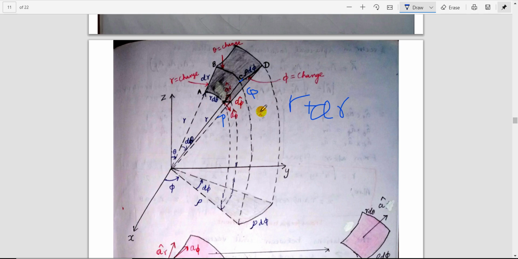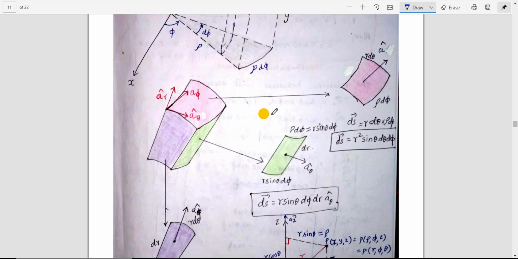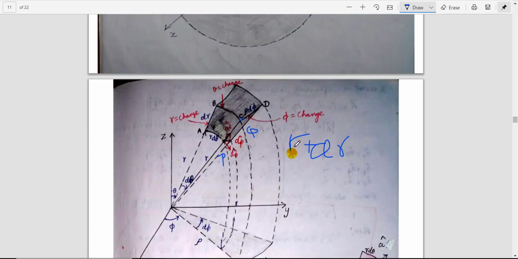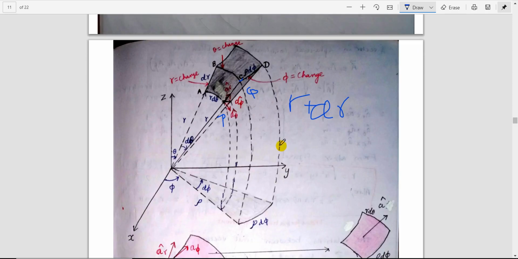So as we have defined these three parameters, we can represent the change in the surfaces also. As mentioned in the figure, this side is going to represent the change in r, this side the change in theta, and this side the change in phi.